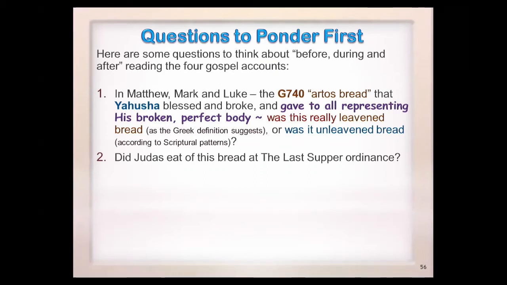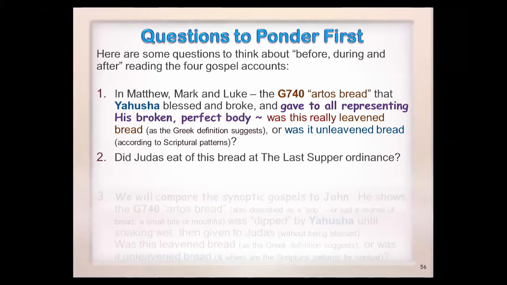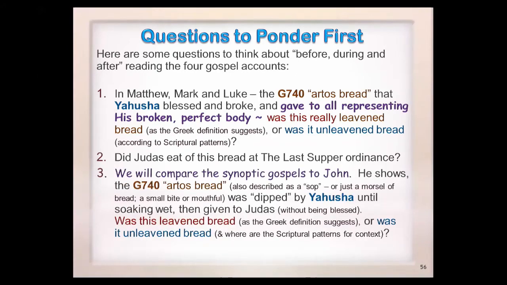Number two, did Judas eat of this bread at the Last Supper ordinance, that bread that was blessed by Yahusha? We're going to compare the Synoptic Gospels to John.